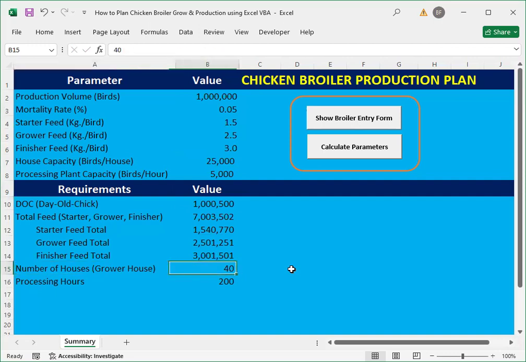We need 40 houses. Okay. Then processing hours. How many birds we're gonna process in 1 hour? 200. So this is how you plan your chicken broiler production plan. All right.